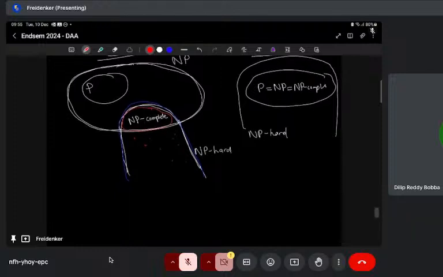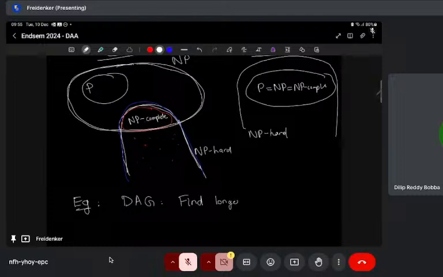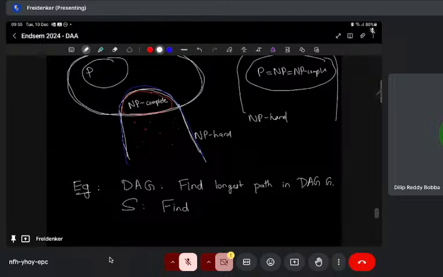Okay. So an example for a reduction would look like this. DAG is a problem that asks you to find the longest path in a DAG. You can do this in linear time using dynamic programming. Let's say there is another problem S, which asks you to find the longest increasing subsequence.